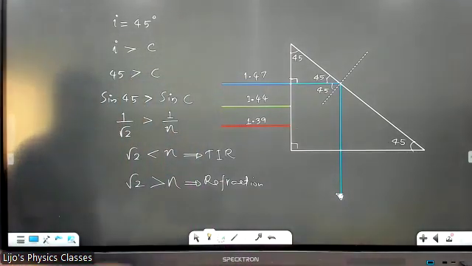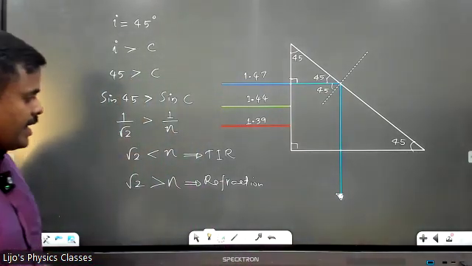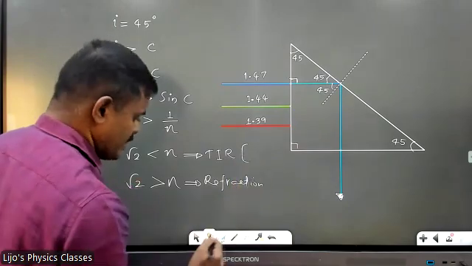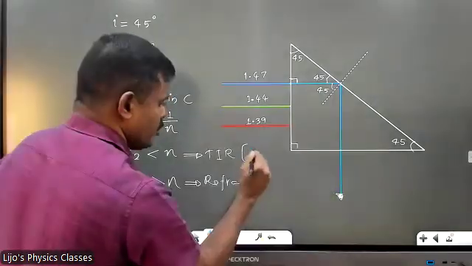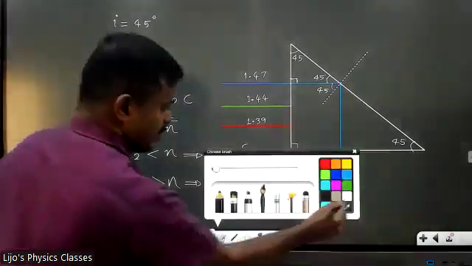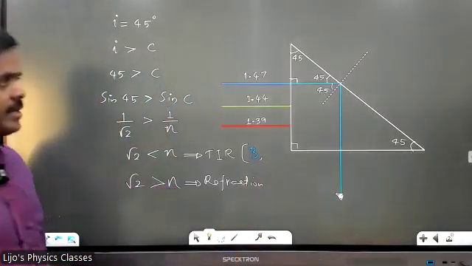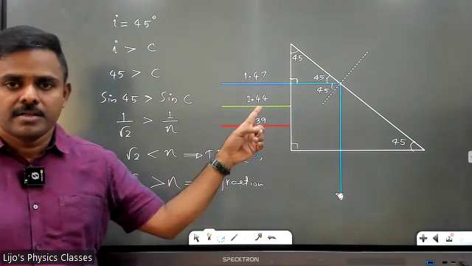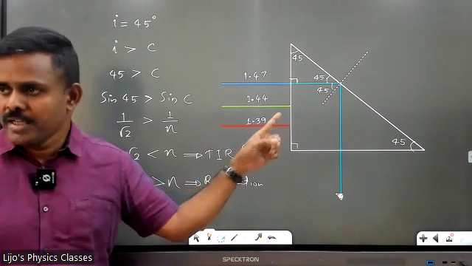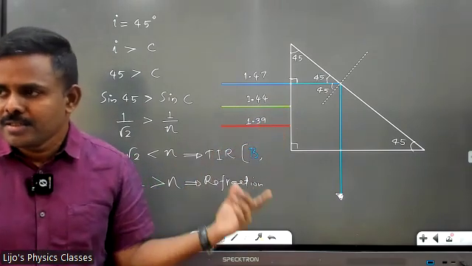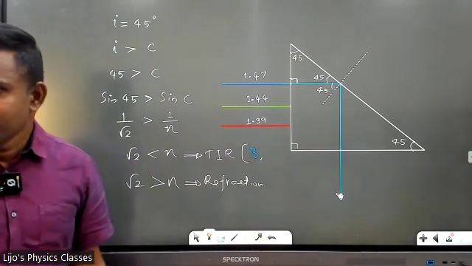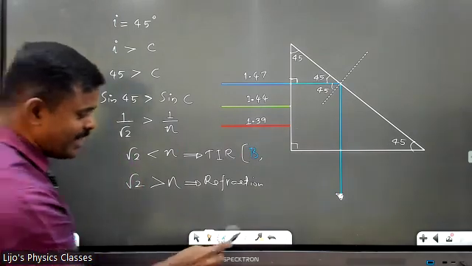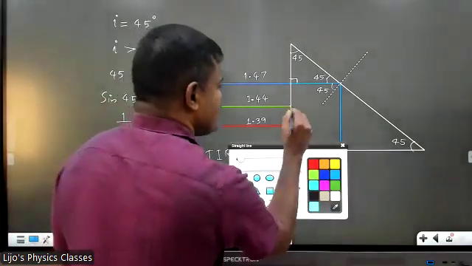How about the next color? Blue undergoes TIR. So first I have chosen blue color for TIR. Then what? Next one. Green. Green's refractive index is what? That's 1.44. It is greater than root 2, right? So that also will undergo TIR.